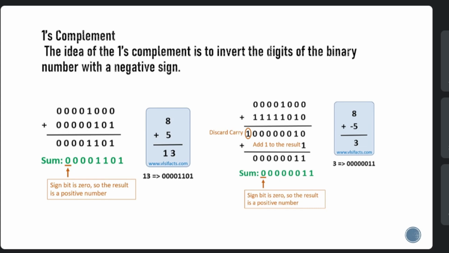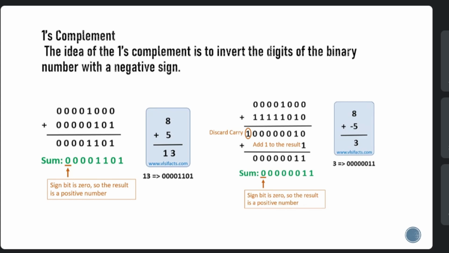Representation. So, 0, 0, 0, 1, 0, 0, 0 plus negative 5. When there is a negative, 1 means negative and 0 means positive. So 0 is positive, 1 is negative. So what was done to the 1? Then discard the carry. What was done is add 1 to the result.